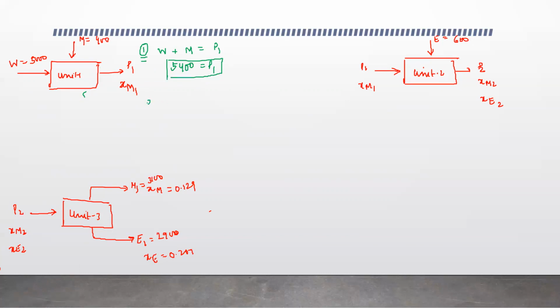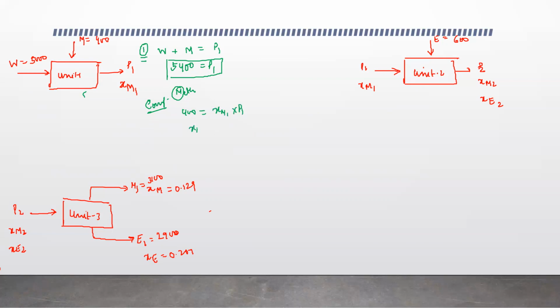Then the next equation that I'm going to make is for component balance. The component here is methanol, so I'm going to balance methanol. Methanol balance gives me incoming methanol, that is only 400, is equal to outgoing methanol, that is xm1 into p1.